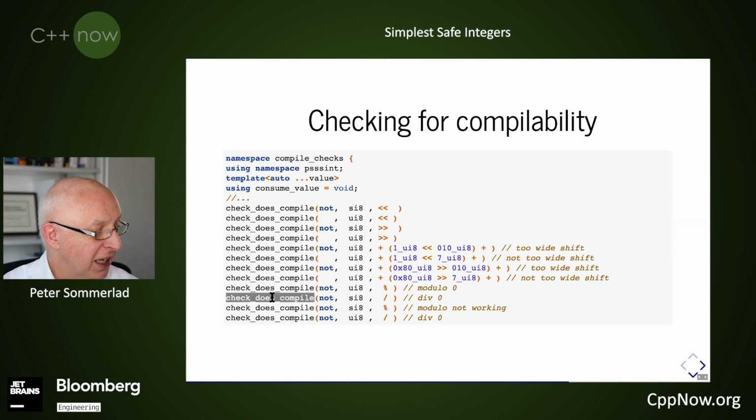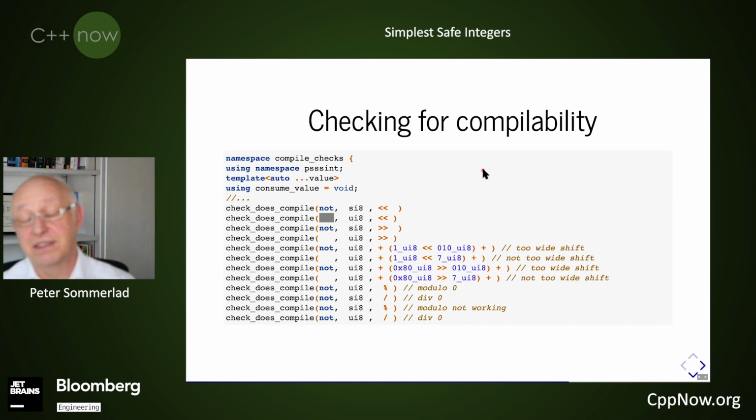We check does not compile actually checks that division by 0 for signed integers does not compile, or checks that left shifting a signed integer does not compile, but left shifting an unsigned integer does compile.